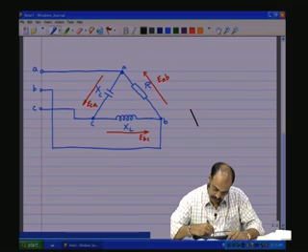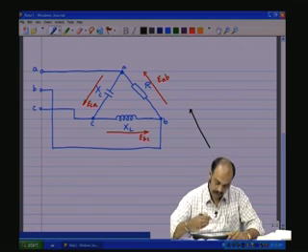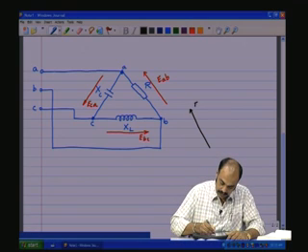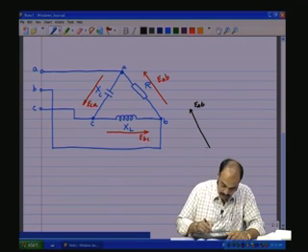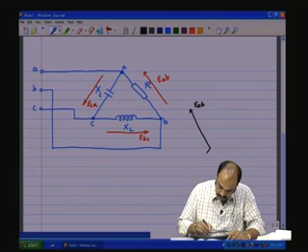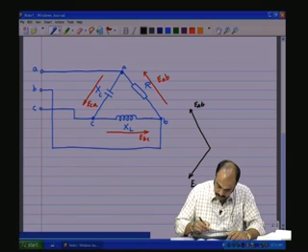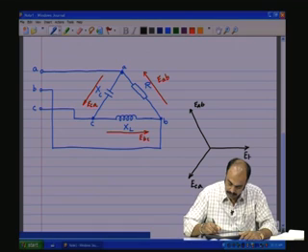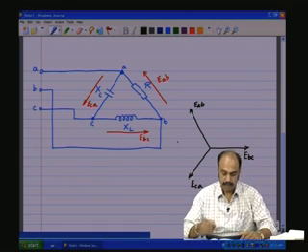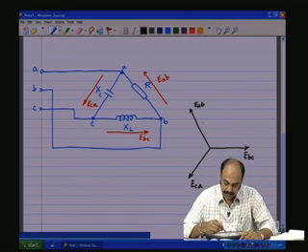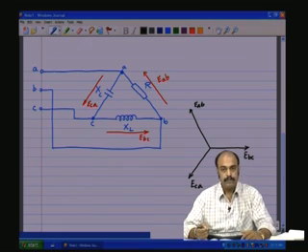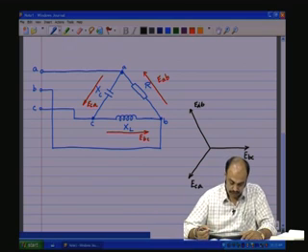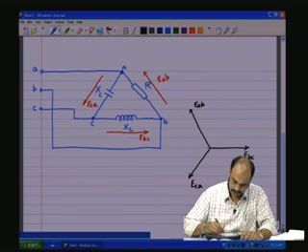Let us say we have EAB, ECA, and EBC, all 120 degrees apart. So, EBC is lagging EAB by 120 degrees and ECA is lagging EBC by 120 and EAB by 240 degrees. Okay, this we know.